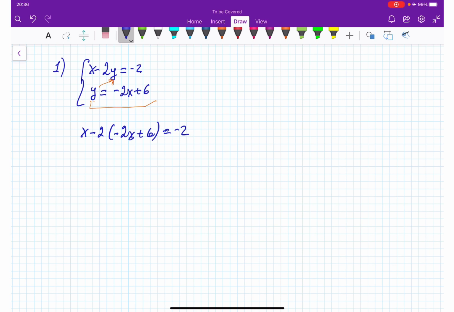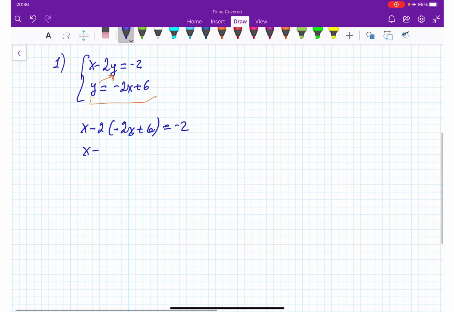Okay, let's open parentheses. x plus 4x, because I am multiplying negative 2 times negative 2. Next, negative 2 times 6 is going to be minus 12, is equal to negative 2.